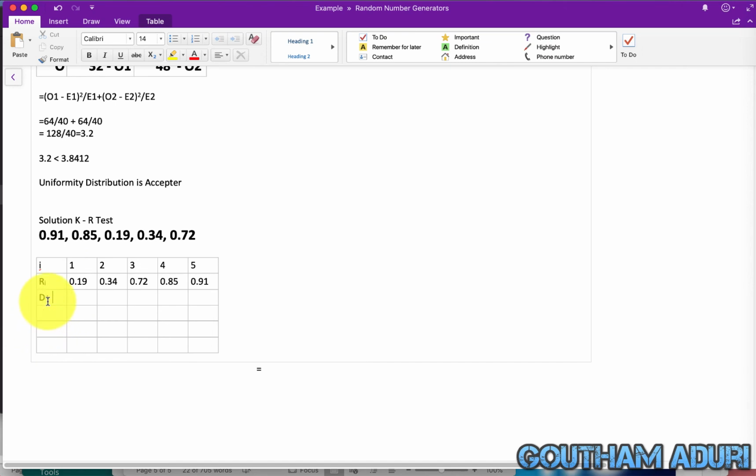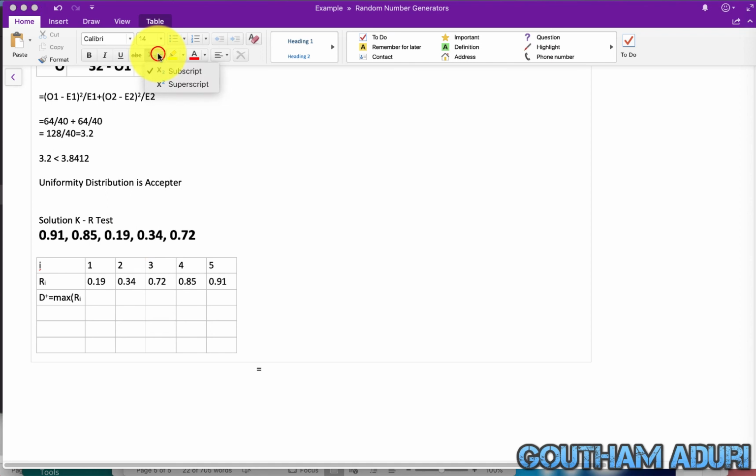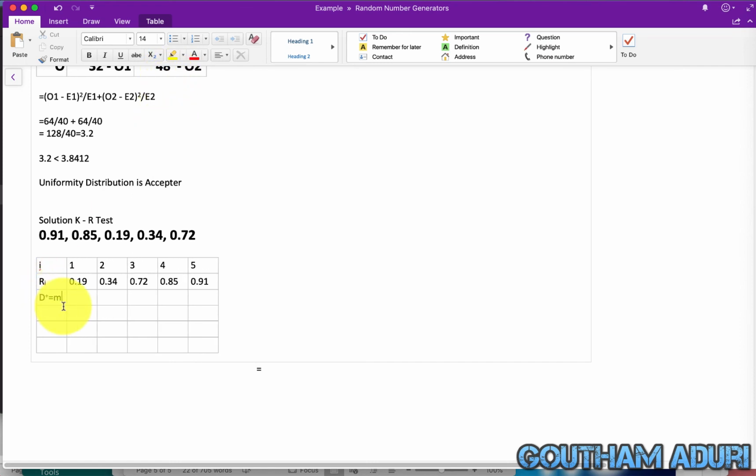Next I need to calculate D plus. D plus is nothing but the maximum of i by n minus Ri. Before calculating this, I will have to calculate i by n also.